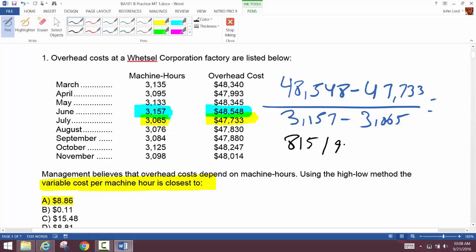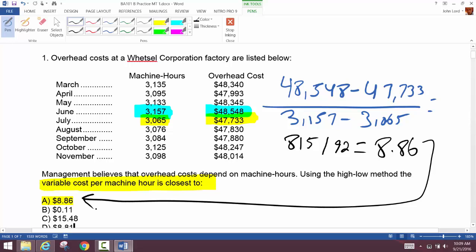Divided by 92, that should give me something pretty close to this 8.86. Is that the answer? Okay, so that's my variable cost per unit.